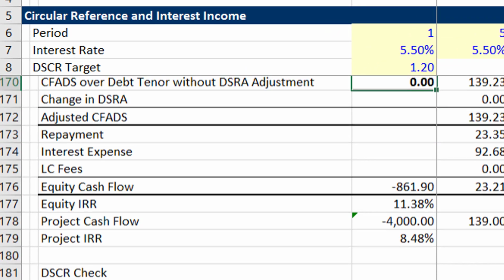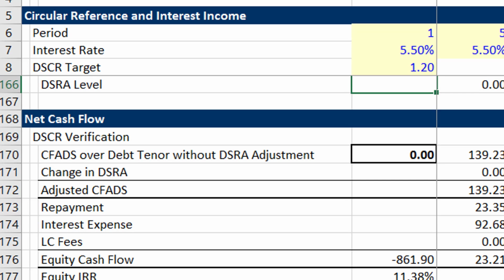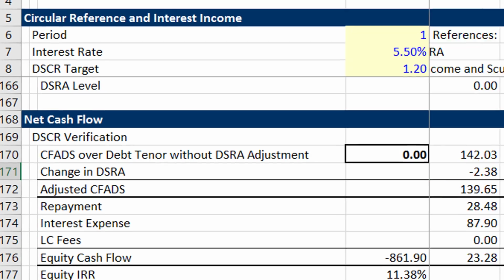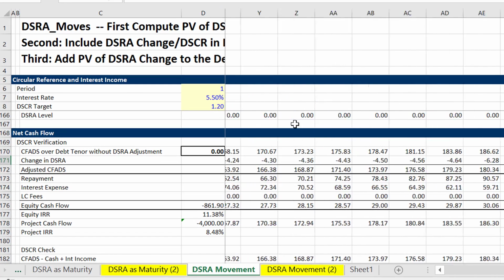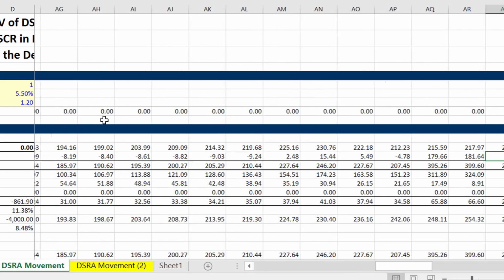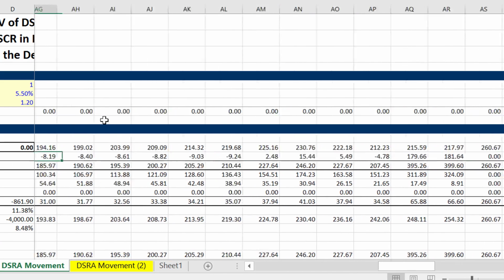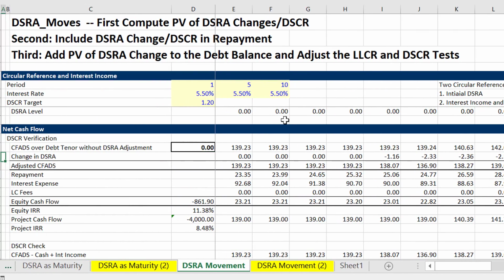Okay, and when we do all of this, there's the cash flow available for debt service. There's an adjustment you might have to make for the change in the debt service reserve account, and there's a very big change right at the very end. In this case, it was a 12-month debt service reserve account. And then we have the repayment and potentially some fees on a letter of credit, and we get down to equity cash flows.